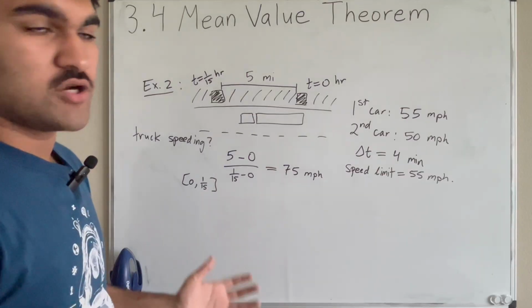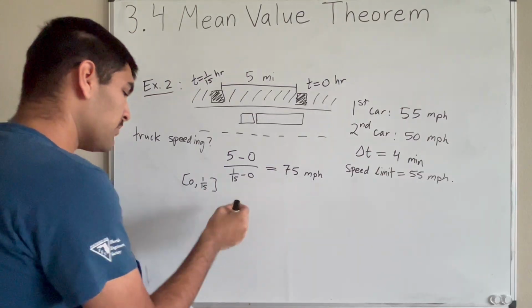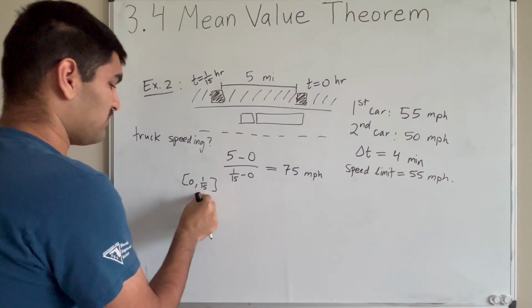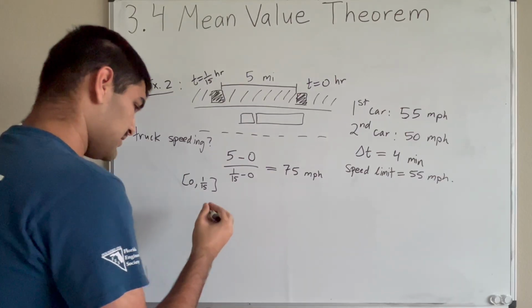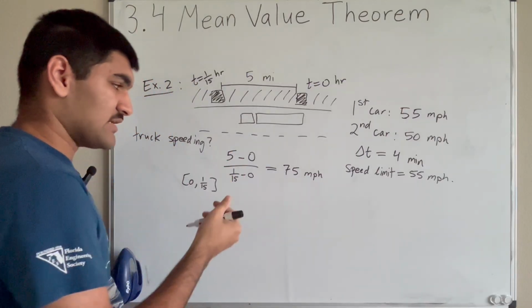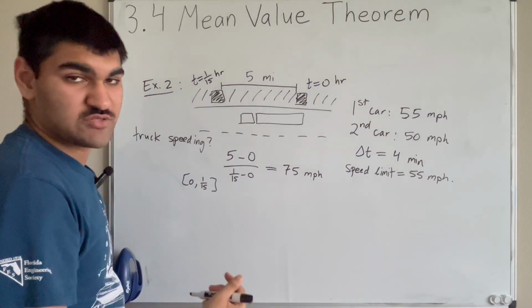And what the mean value theorem says is that there exists some time between 0 hours and 1/15 hours such that the instantaneous speed of the truck at that time was equal to 75 miles per hour.